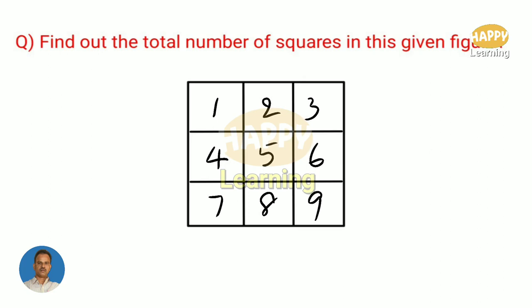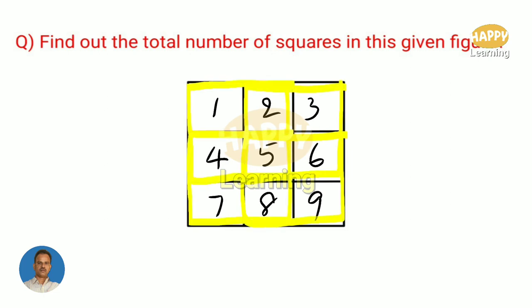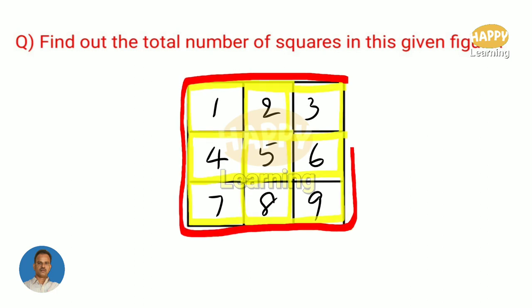And after that we have this square, the 10th one, this square the 11th one, this square the 12th one, and this square the 13th one, and this outer one is the 14th one. So in total we have got 14 squares here.